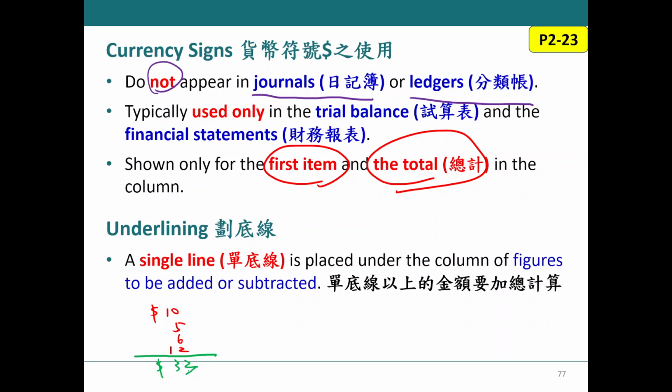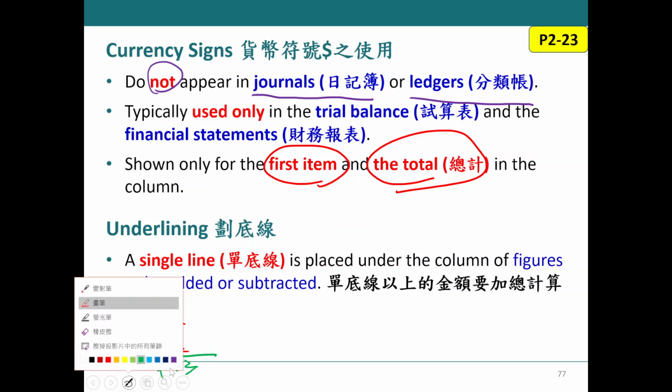I put the dollar sign for the first number and last number. I draw a single line, which means I'll do the math for all the numbers above the single line. Then after I finish, I got the last number, and I draw a double underline.